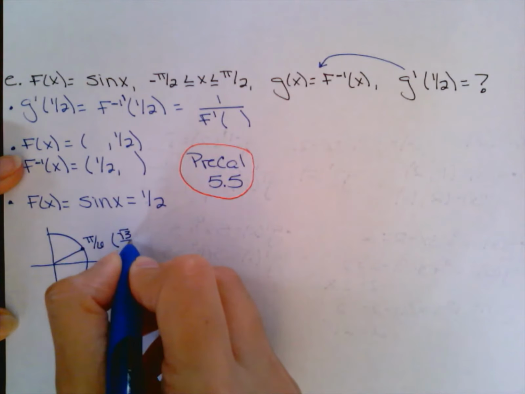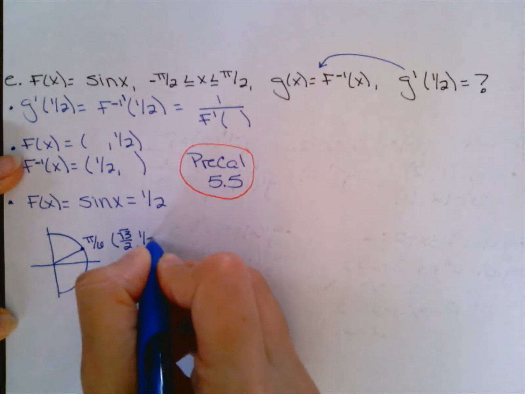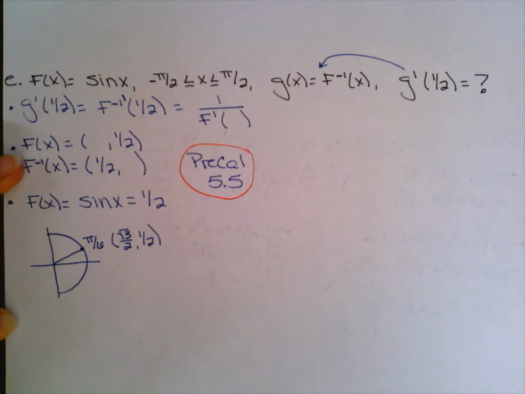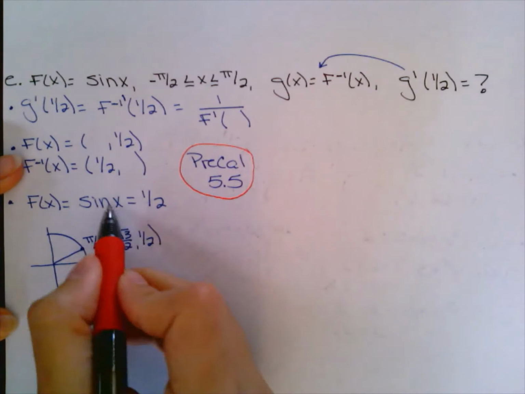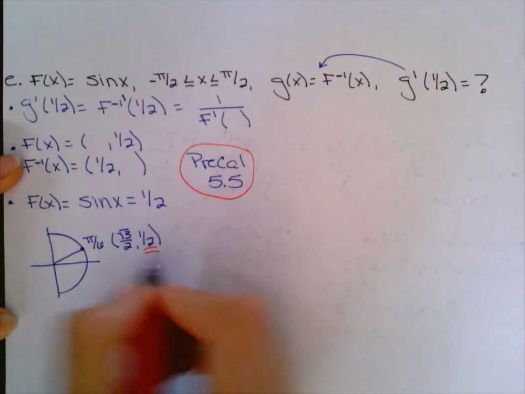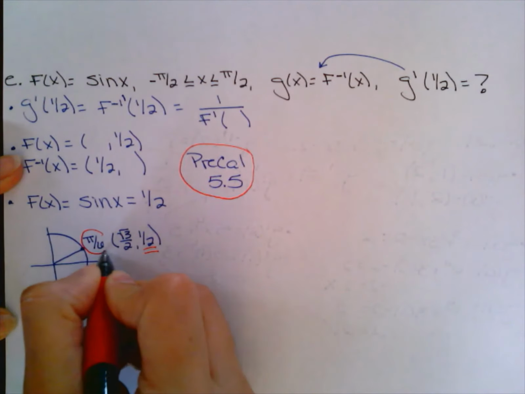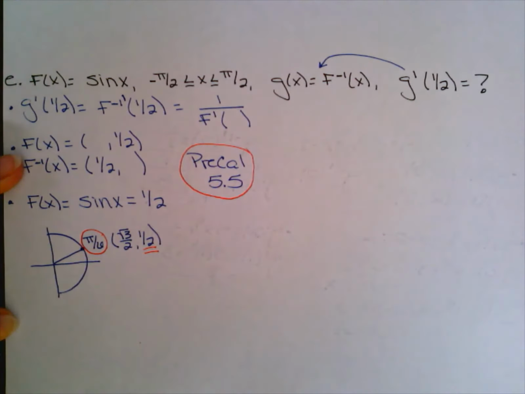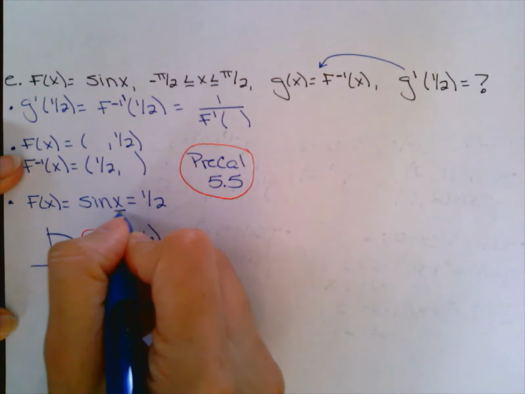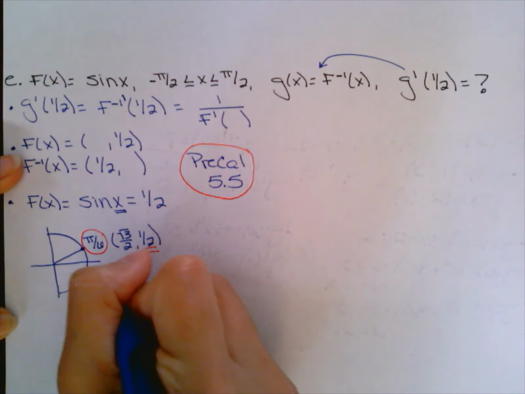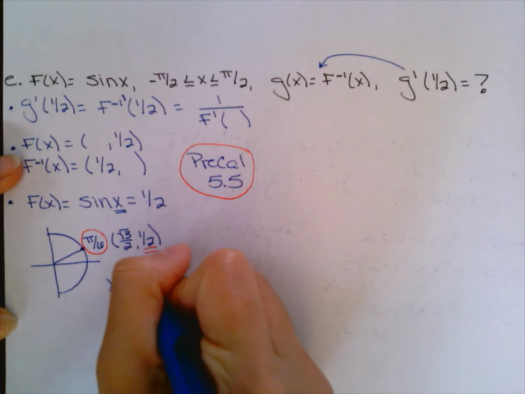You have radical 3 over 2, comma, 1/2. So sine is equal to 1/2 at pi over 6. Okay? So that means that this x value right here is pi over 6.